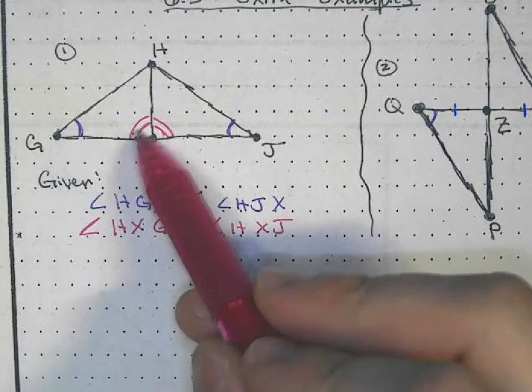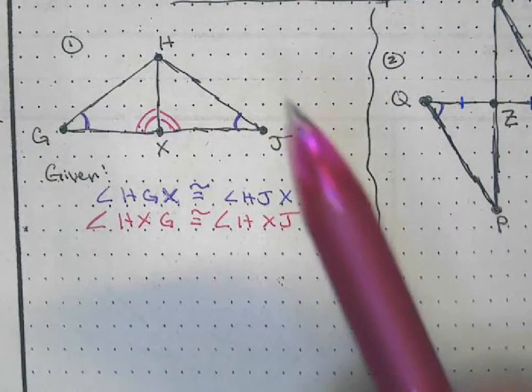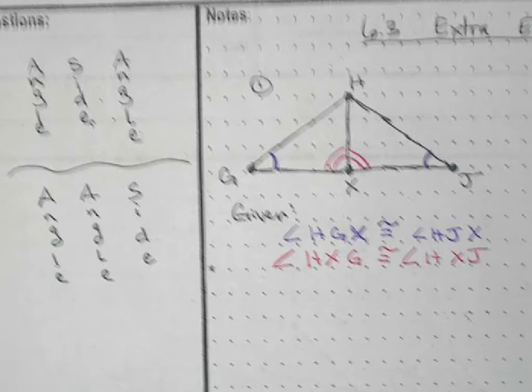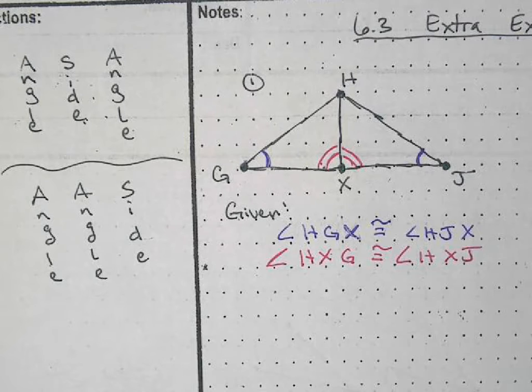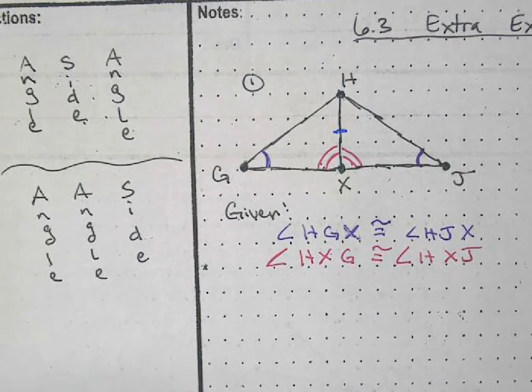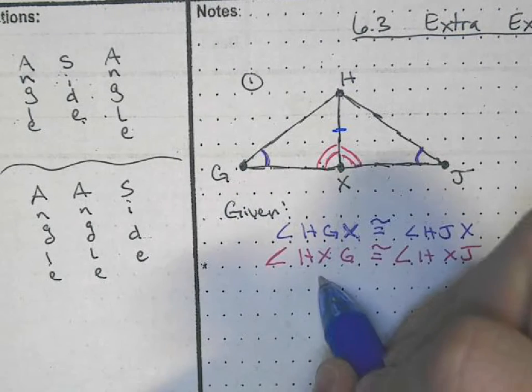So right now I'm looking at angle, angle, and I'm trying to figure out, well, it's got to be a side, because we know we're looking at angle, side, angle, or angle, angle, side. So which piece is kind of implied or hidden that they're congruent? Well, it's going to be that shared side, the side that both triangles are using, and they're both using that HX.